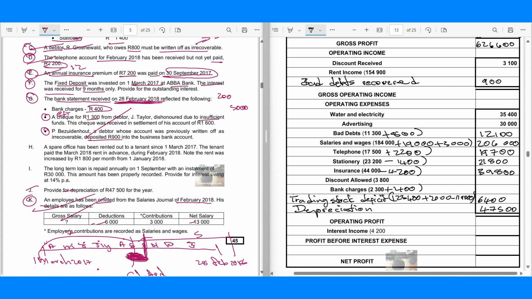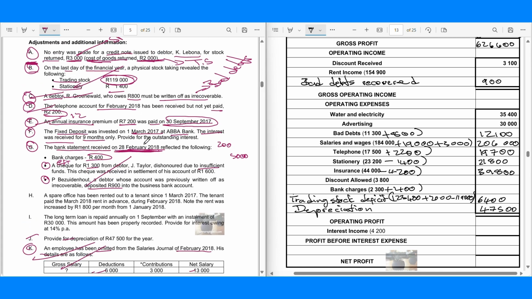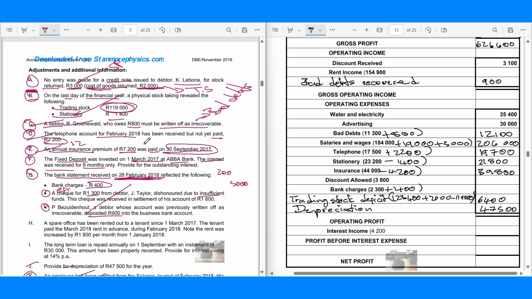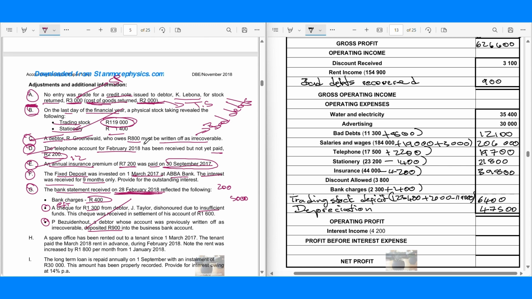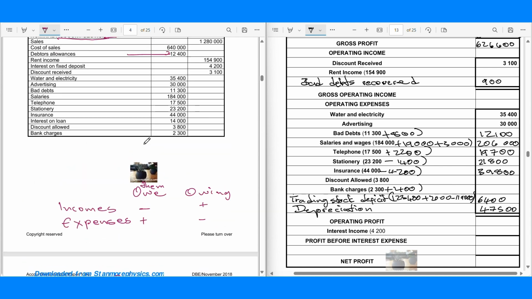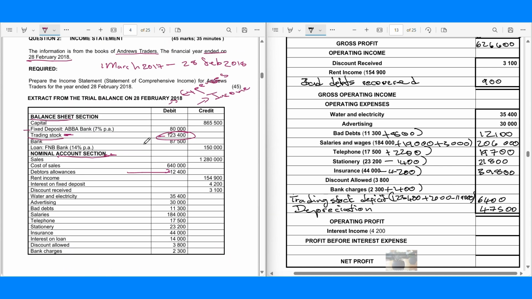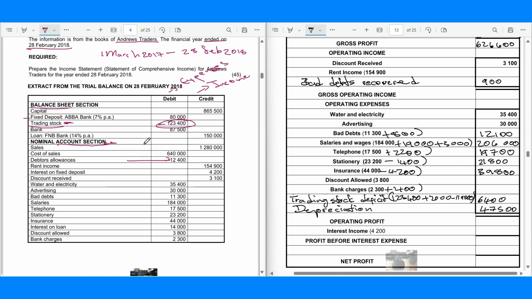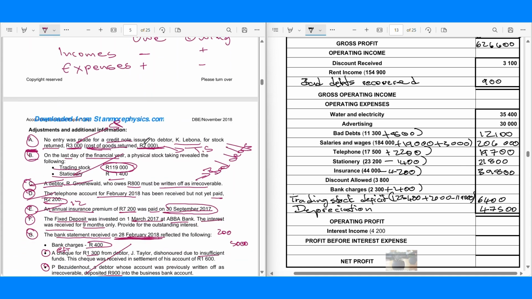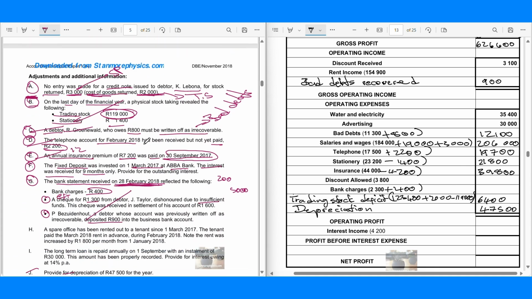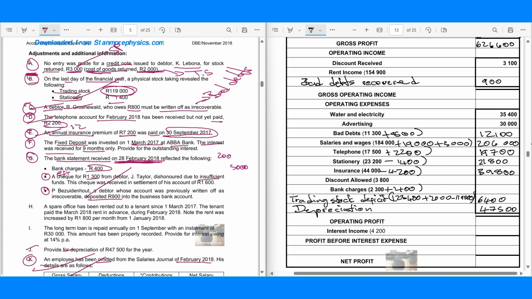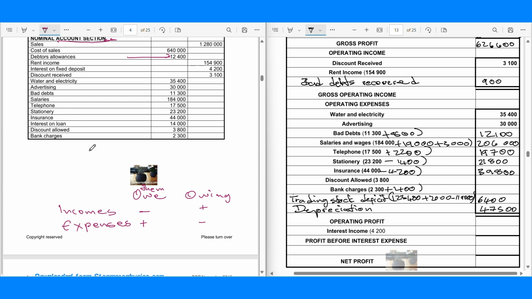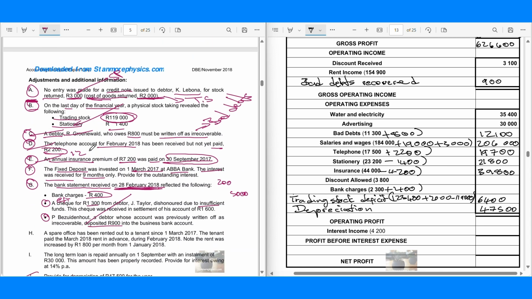The long-term loan repaid annually. So wait, I don't see any. Let's check the markup. If we have any percentage of markup there. They didn't say anything. Okay, you guys must keep an eye for me if there's any transaction, because it happens that there's no transaction.